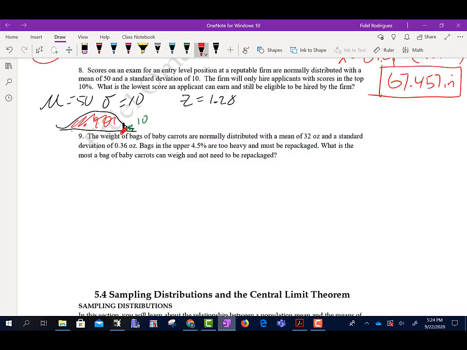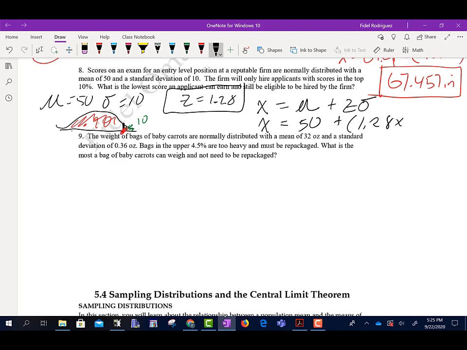So now we found our z value to be 1.28. So we're going to use our little formula here. X equals mu plus z times sigma, okay? So the mu in this case was 50. My z value is 1.28, and my sigma was 10.